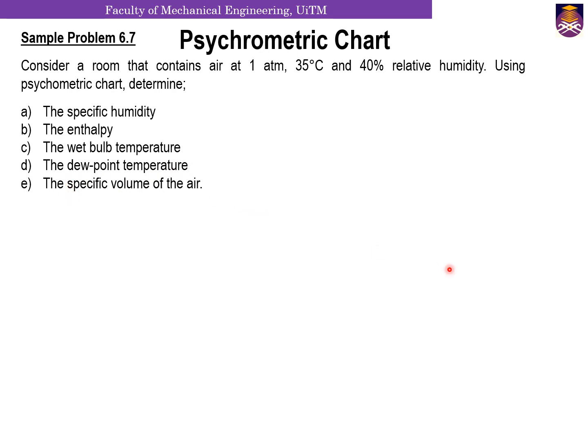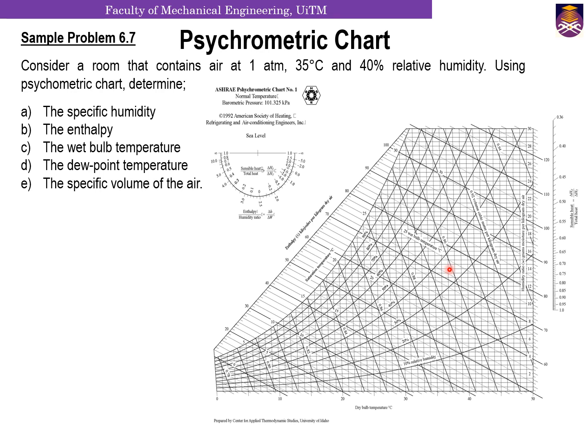Now let's look how to find that. So we have our psychrometric chart. So we want to now find where is our temperature at 35 degrees C. So dry bulb temperature is given here. So 35 degrees C, we draw a line straight up, vertical line at 35 degrees C. So that is to represent our dry bulb temperature.